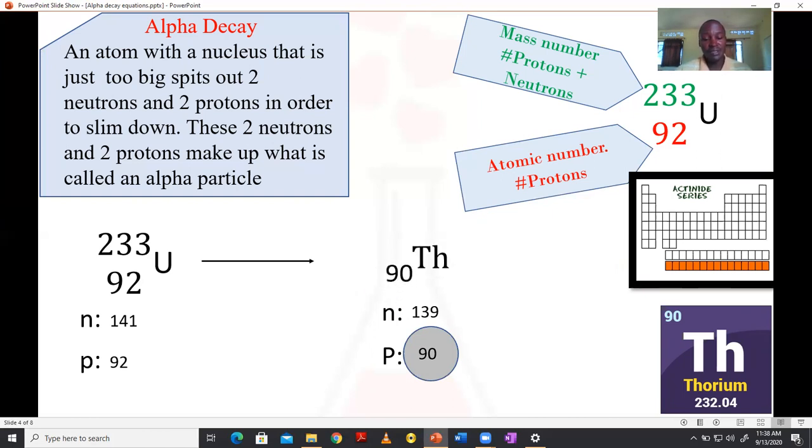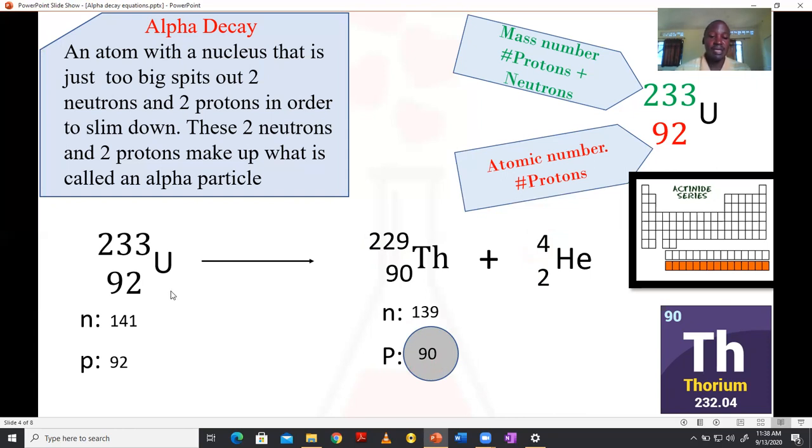So we have to write it on the right-hand side of the arrow, because that's where we have the products. Then plus our alpha particle, which is a helium nucleus. Just that maybe it has no electrons, but a helium nucleus, 2 protons and 2 neutrons. And it will give us a mass number of 4, because 2 neutrons and 2 protons give us 4. We also get our mass number for thorium by adding the number of neutrons plus the number of protons.